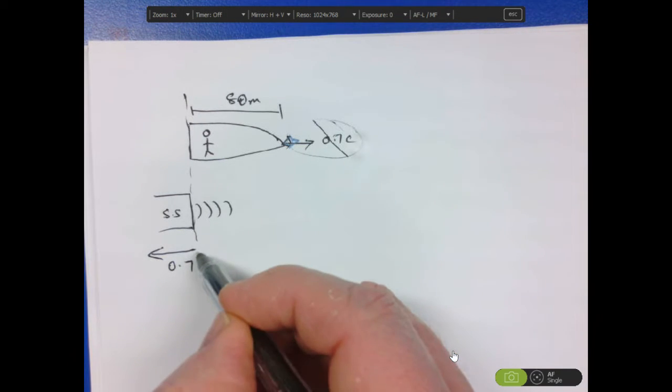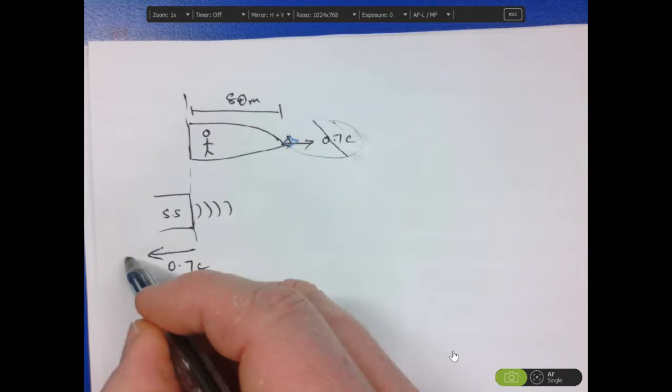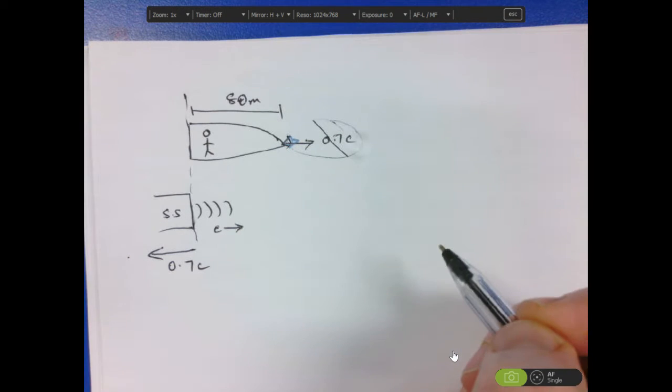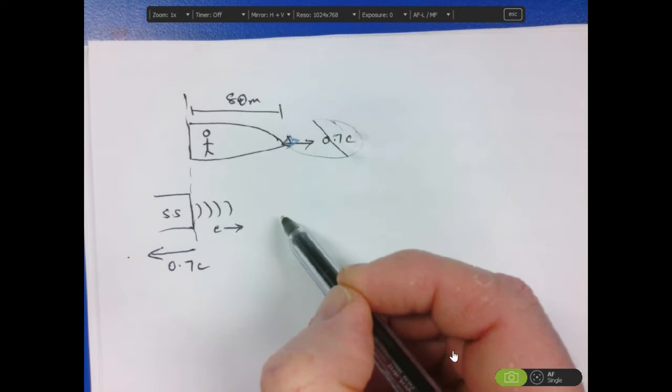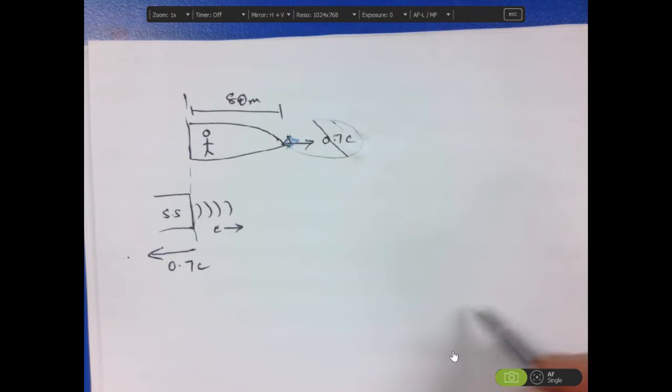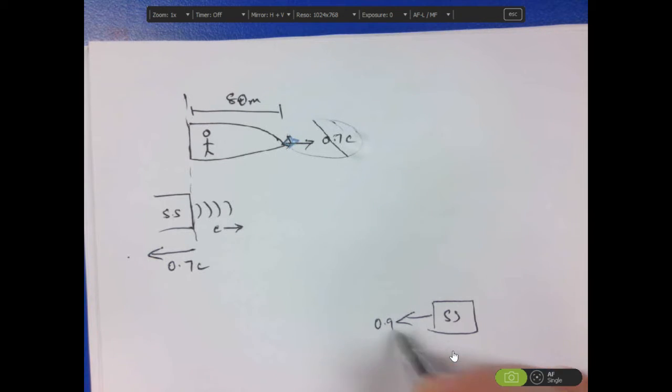So even though the space station is traveling backward at 0.7 C, the speed of light still would have this radio signal going forward at the speed of light. In other words, it wouldn't have mattered if the space station is going back at 0.9, it would still be sending out a signal at the speed of C.